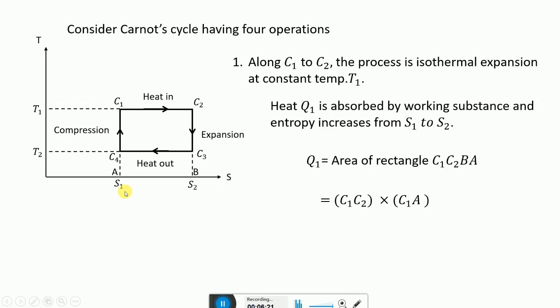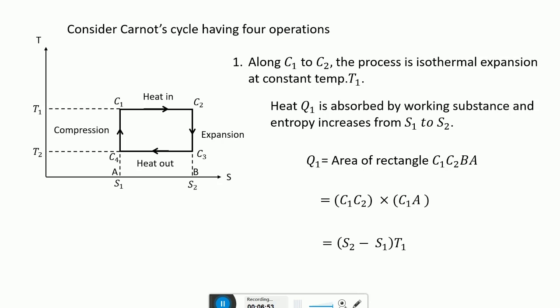So putting the values of C1C2 and C1A from the figure, the value of C1C2 is S2 minus S1 and C1A is equal to T1, because this distance is equivalent to this distance. So from 0 the value of the temperature will be T1. So we get Q1 equal to (S2 minus S1) into T1.